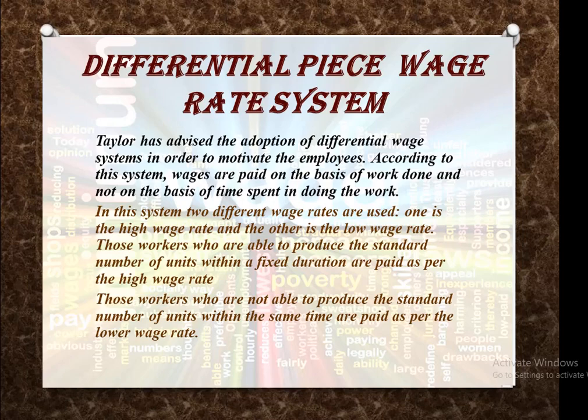The worker who is producing less than the standard output must be penalized by paying less than the standard rate, say 40 rupees per unit. So he will receive 8 into 40, that is 320. This difference in wages will motivate the workers to become efficient and earn more.